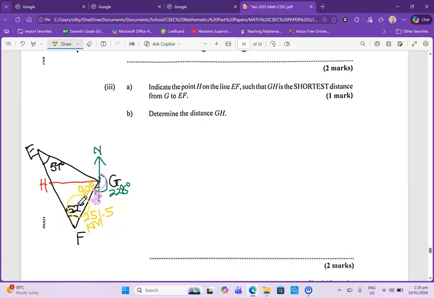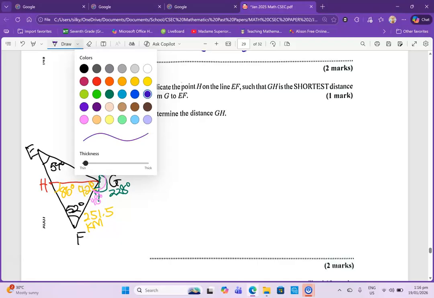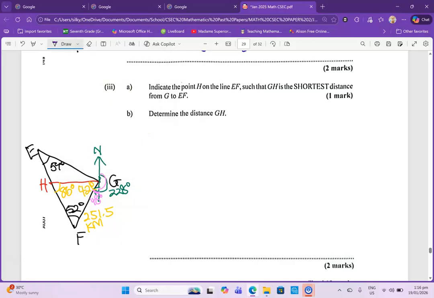So if I add 42 and 52, that's 94, and then 180 minus 94 will give this angle in this corner here to be 86 degrees. So now let's label our triangle. The 251.5 kilometers, because it's opposite angle H, will be small h. And this side, GH, will become small f because it's opposite angle F.